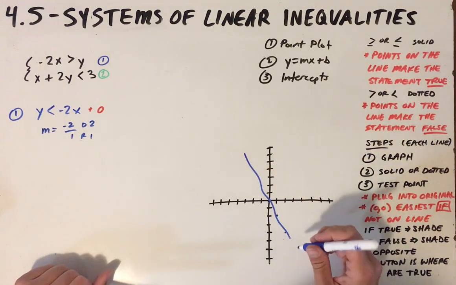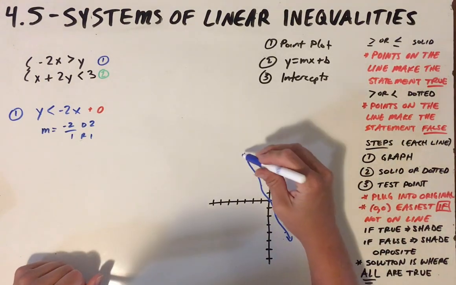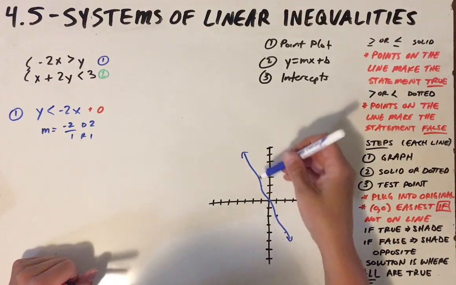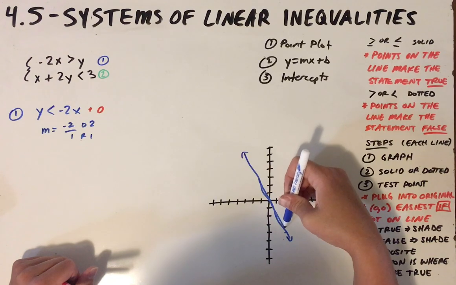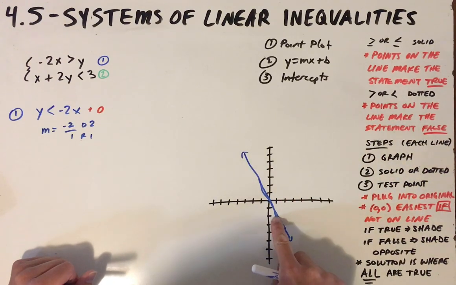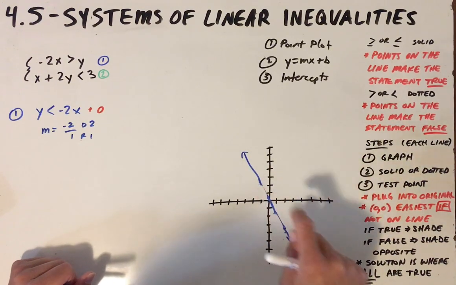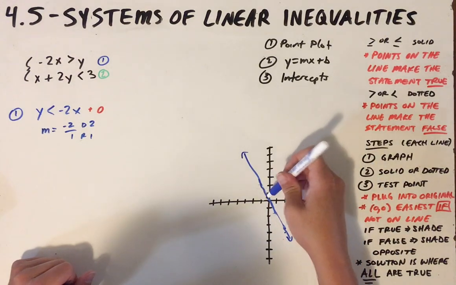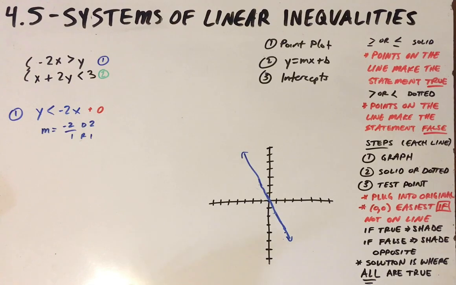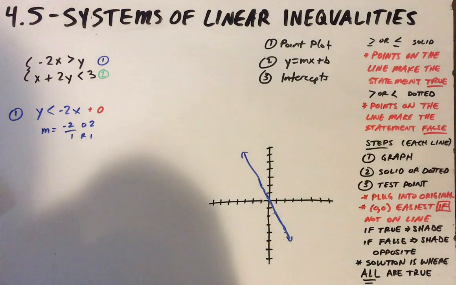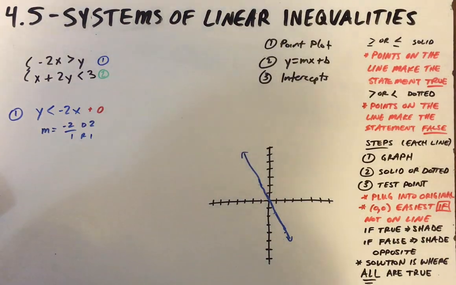Well, other than my line being a snake instead of a line, there we go. Not too bad. This is what my line would look like. So that is my first line. I used slope-intercept form to graph this.